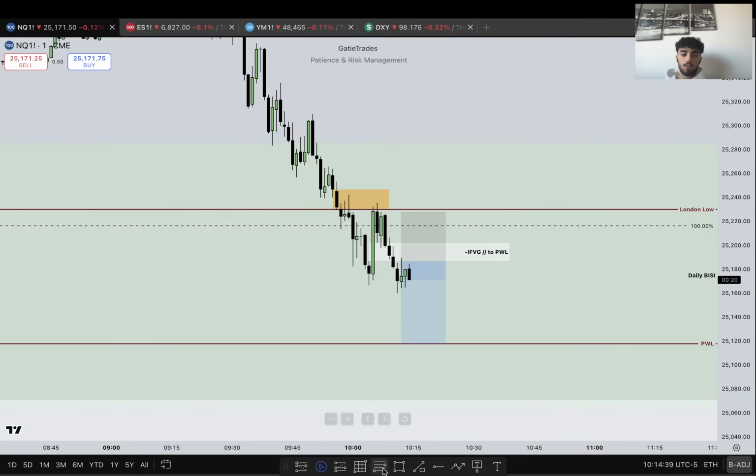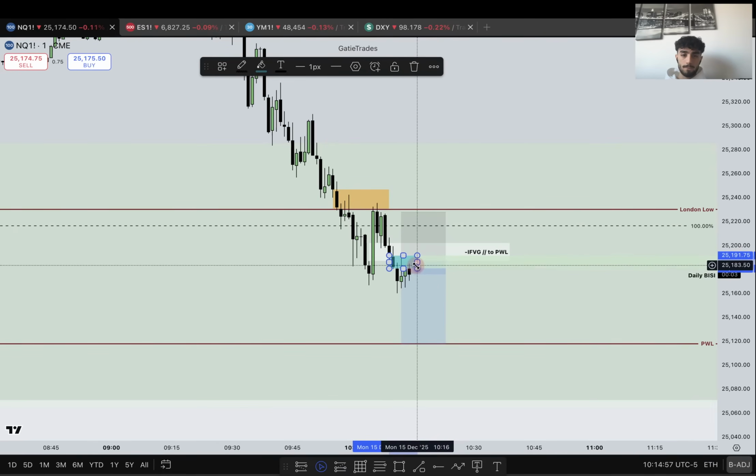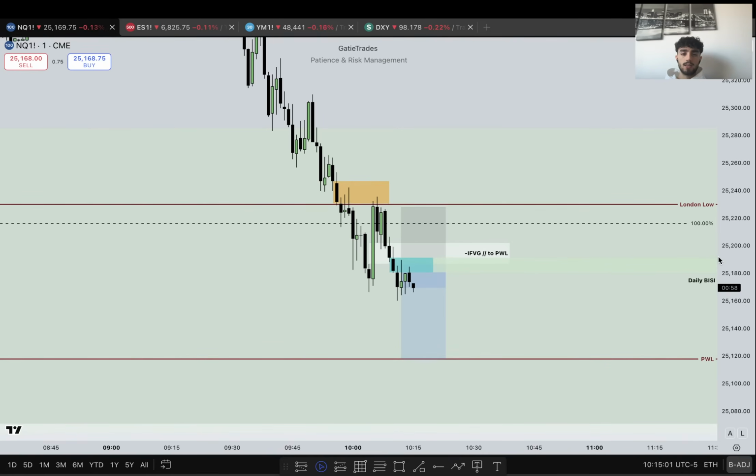You'll notice a suspension block right here. Oh my days. Should see some speed here if it's gonna deliver. Otherwise, if it doesn't deliver here, guys, yeah, there it is.